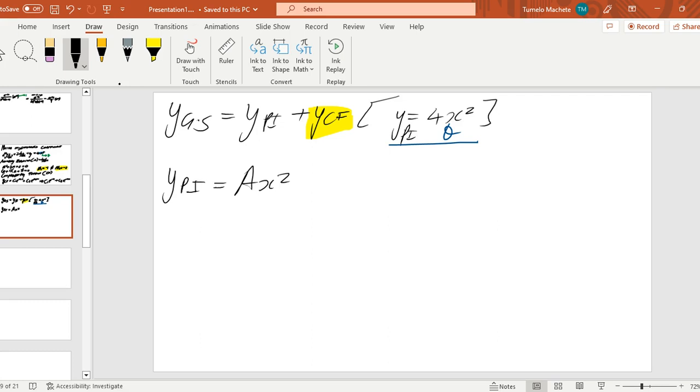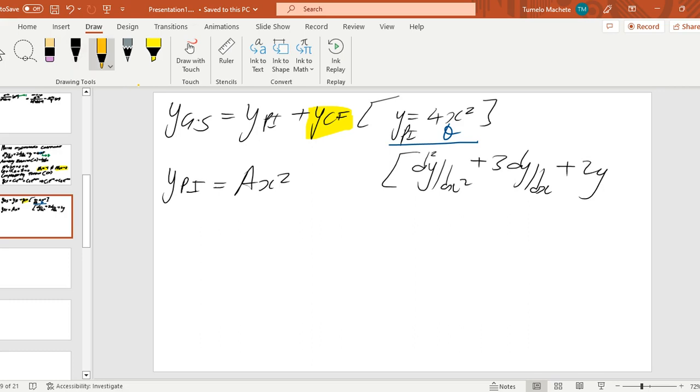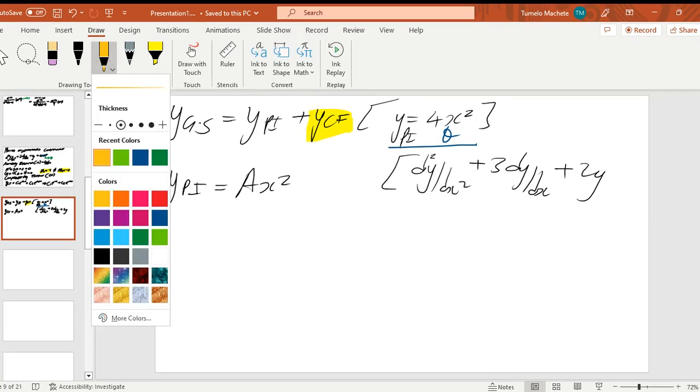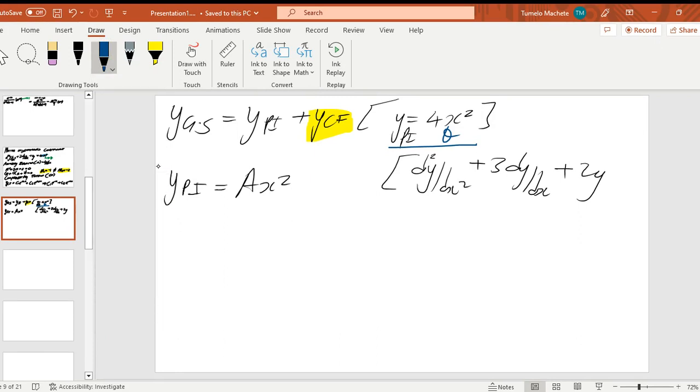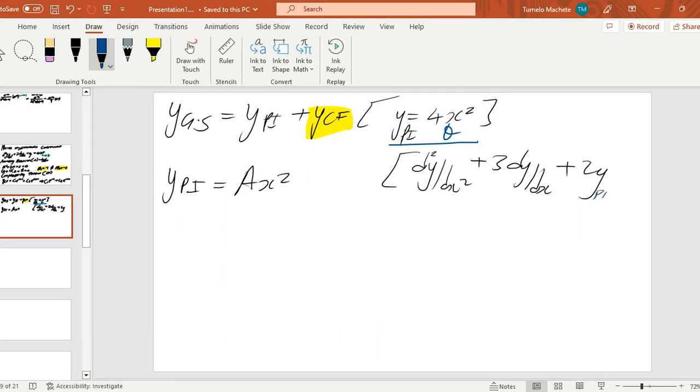Then from there, because our original equation was d squared y dx squared plus 3 dy over dx plus 2y, you see this 2y, that y there, let me write it in blue. This y is your YPI.